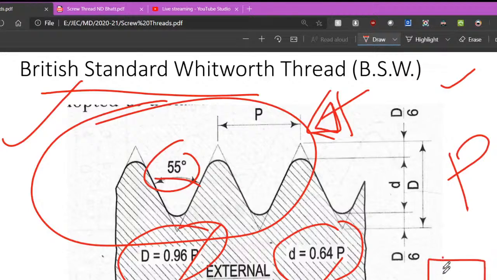One was for unified, next one was for metric, third one is for British standard with what thread, BSW thread.